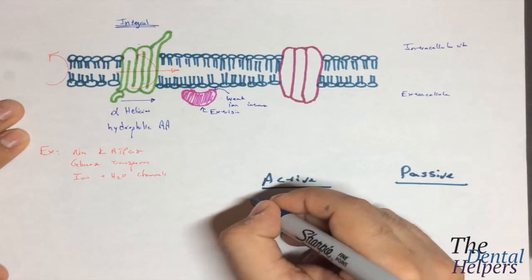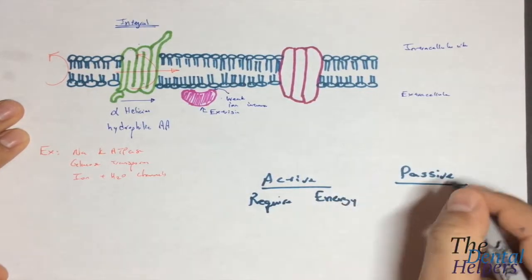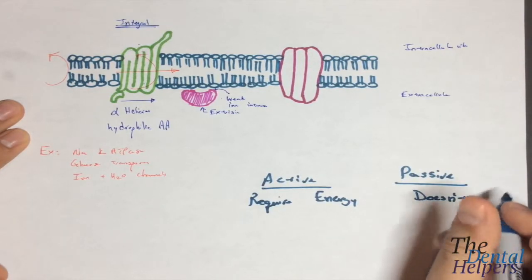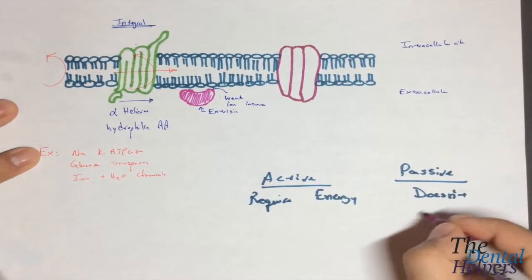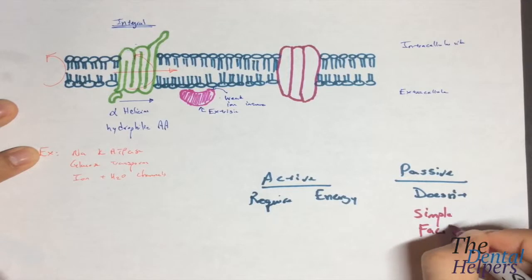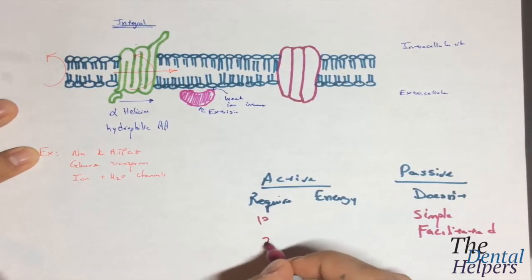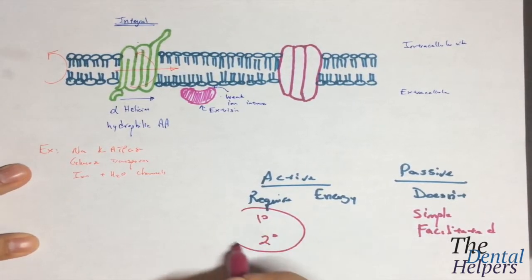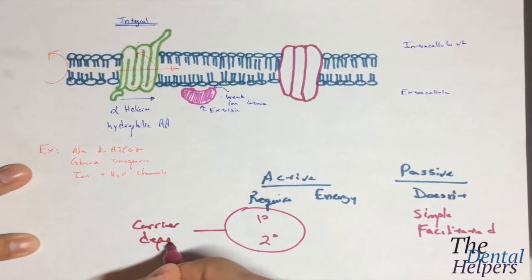So active is going to require energy, while passive does not. And the types of transport in these groups are, you have simple diffusion, and then you have facilitated. While in active, you'll have primary and secondary transports. And these two are going to be carrier dependent.